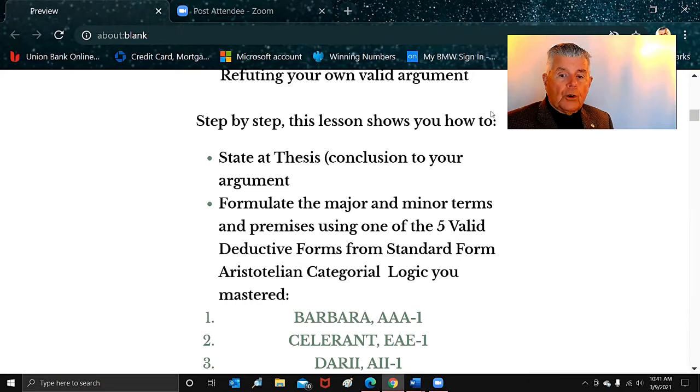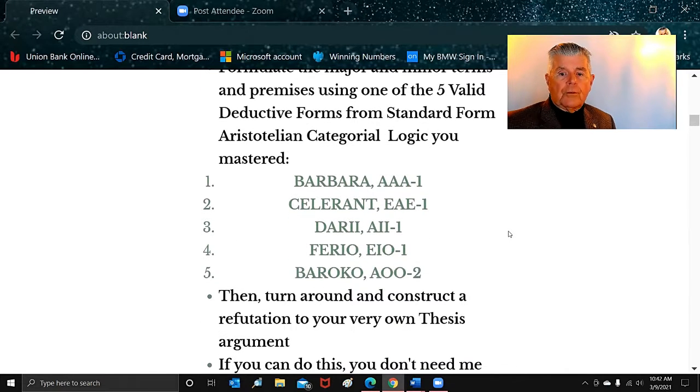So you formulate your major and minor terms. They're already formed for you because we now know that your conclusion, your thesis itself, supplies the major term and the minor term. The major term is always the predicate of your conclusion statement, and your minor term is always the subject of your conclusion statement. So you already have your major and minor term. All you need now is to choose a form.